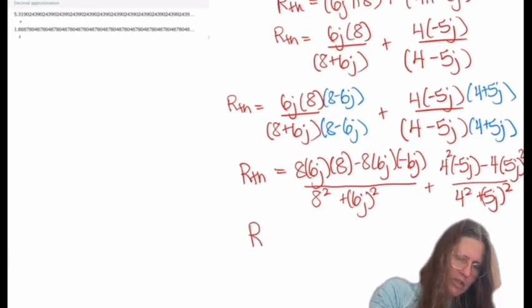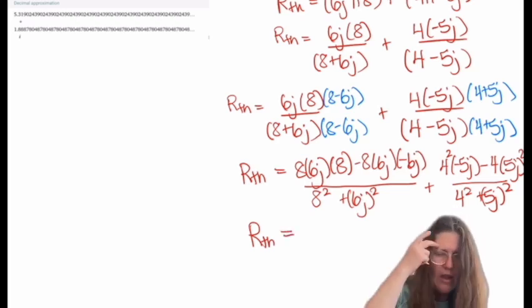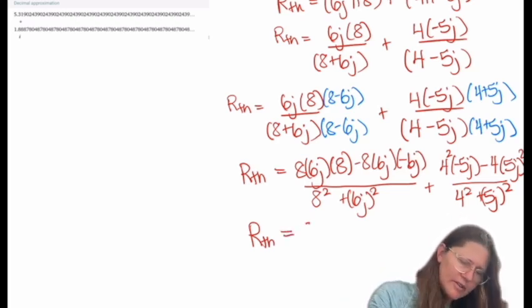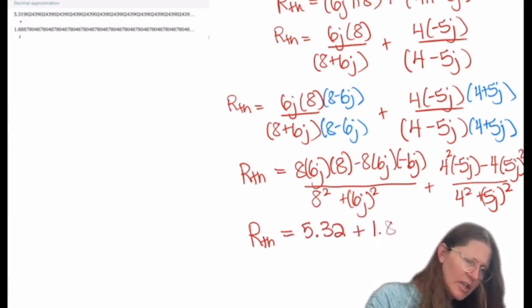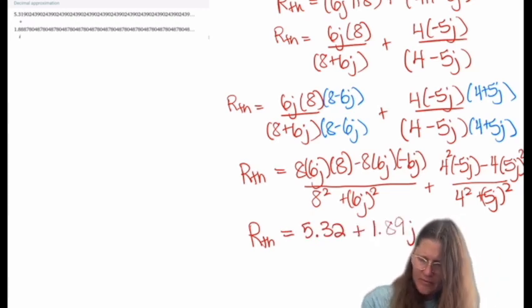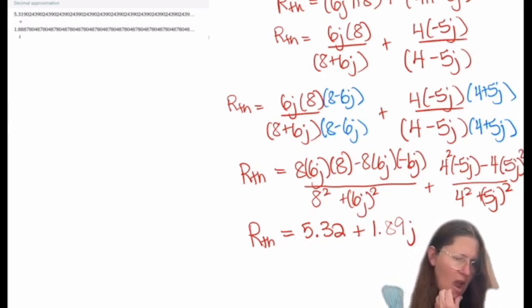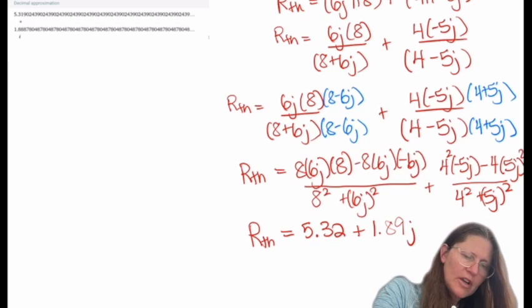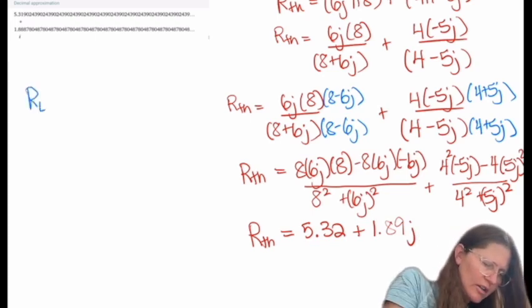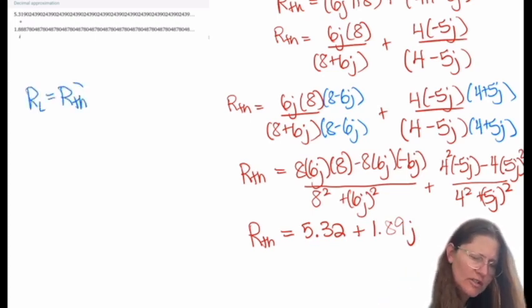And you should still end up with the same after you add all these, 5.32 plus 1.89J. And then to find RL will be the complex conjugate.